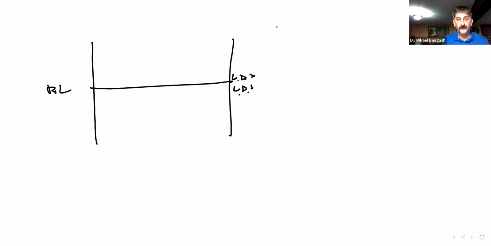So small graphs which are right next to or adjacent to the baseline are mainly due to low Doppler shifts.